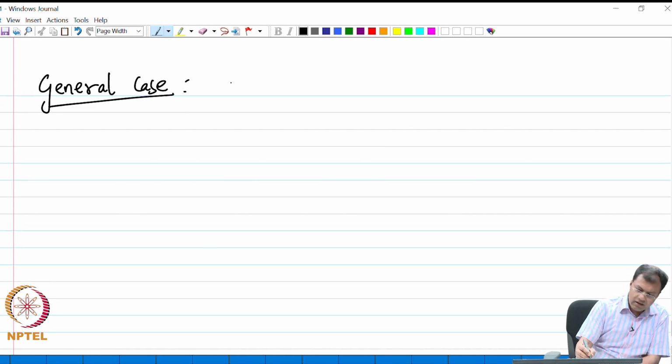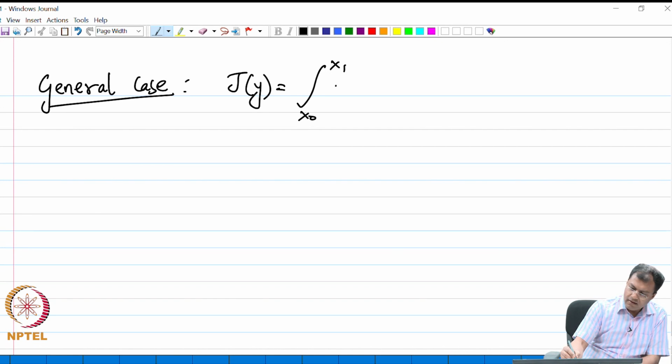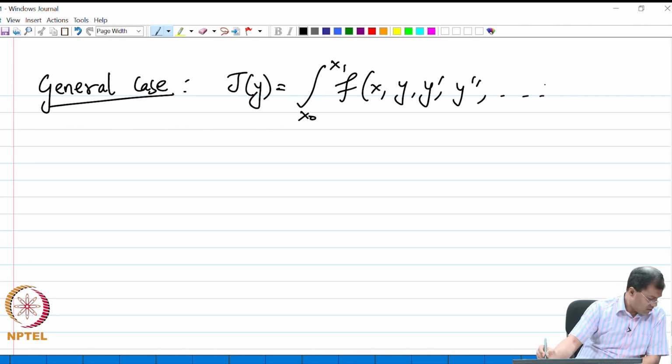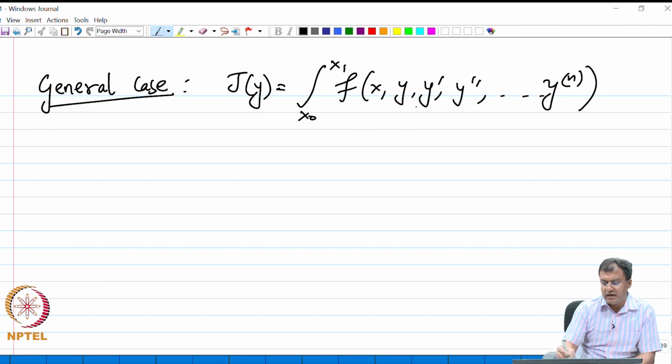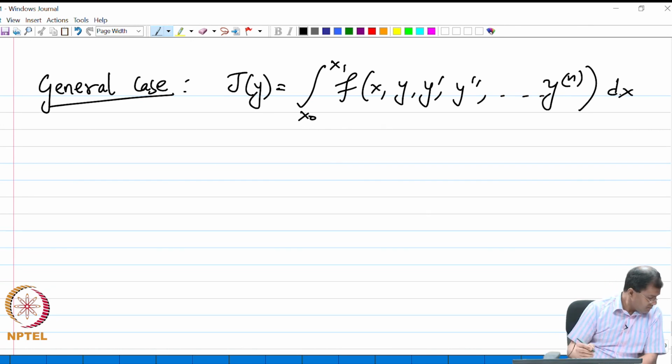The most general case is J of y is integral x naught to x1 f of x comma y, y prime, y double prime, and so on, let us say up to y nth derivative. The integrand contains y and the derivatives up to the order n of dx, right.